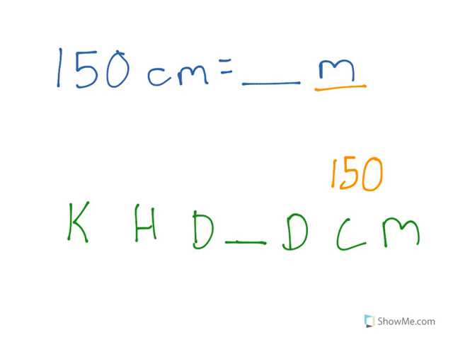So for this one, I need to get the decimal that's right here to right here. That means I'm going to make 2 jumps to the left. There's 1, there's 2. That means I would squeeze a little decimal in right there, which would give me 1.5 or 1.50. So I know that 150 centimeters is equal to 1.5 meters.